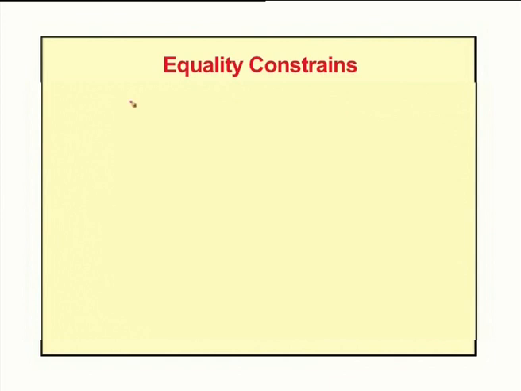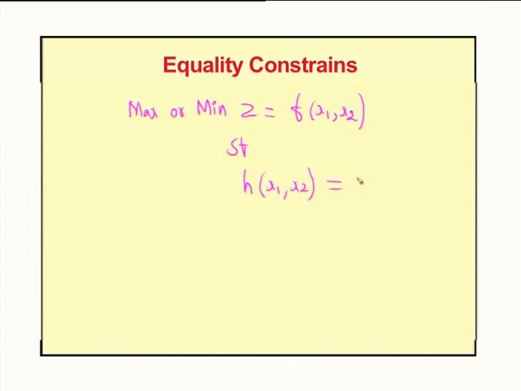So, with this, the given NLPP can be written as maximize or minimize, that means optimize z equal to f of x1, x2 subject to the constraint h of x1, x2 equal to 0, where x1, x2 are non-negative.